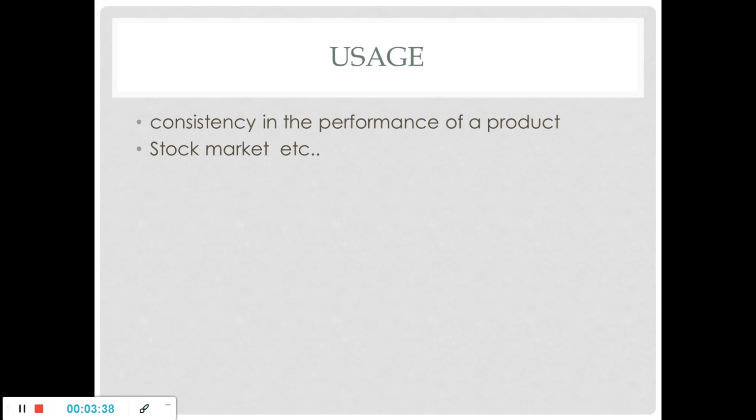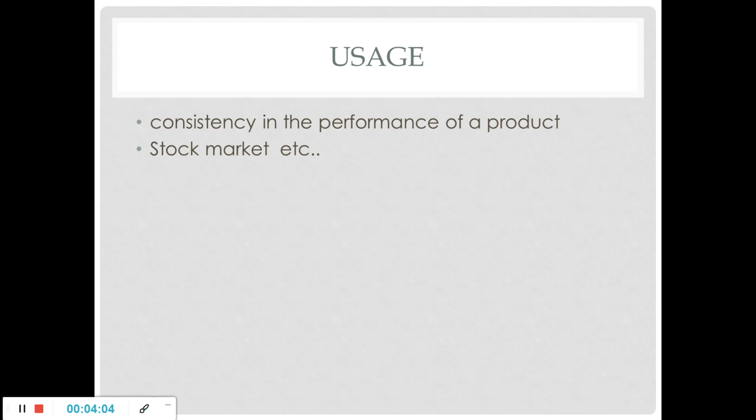Then coming to the usage of the F test. The F test is based on the F distribution. These are some examples, but it is used in different places and across disciplines.